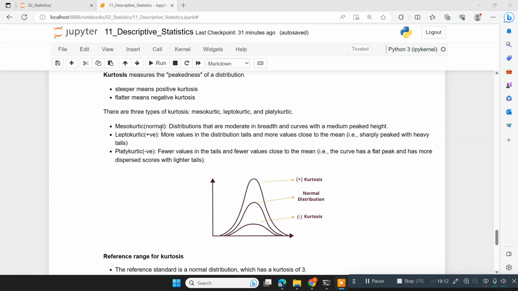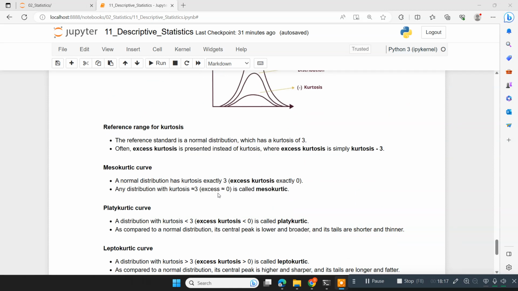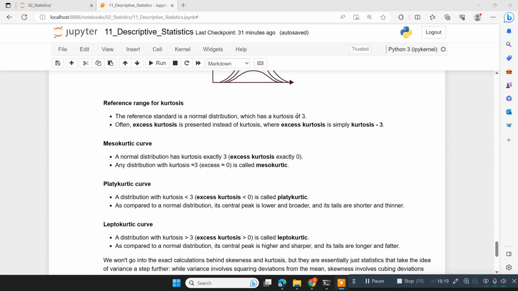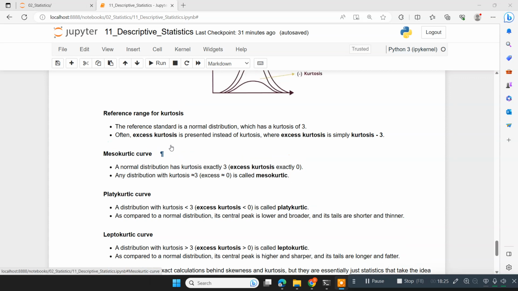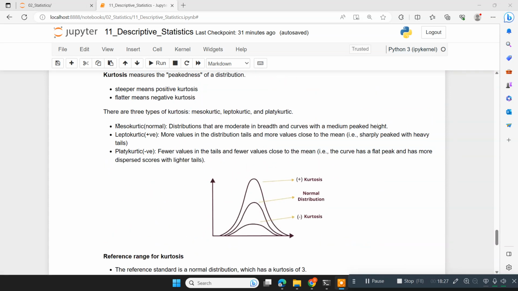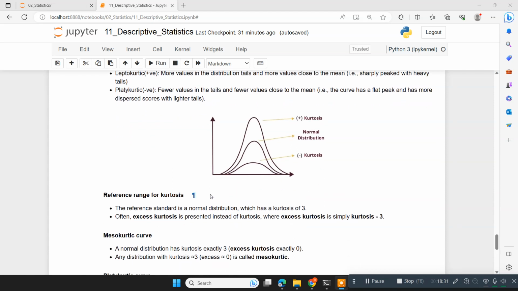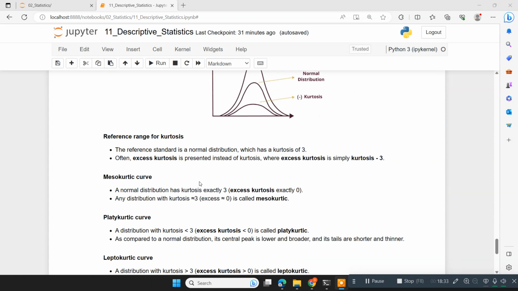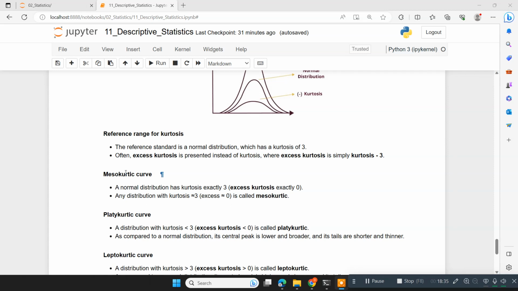In other terms, we say normal, positive, and negative. So the normal distribution has the kurtosis value 3. Mesokurtosis is normal. Normal means exactly 3, mesokurtosis, normal distribution.